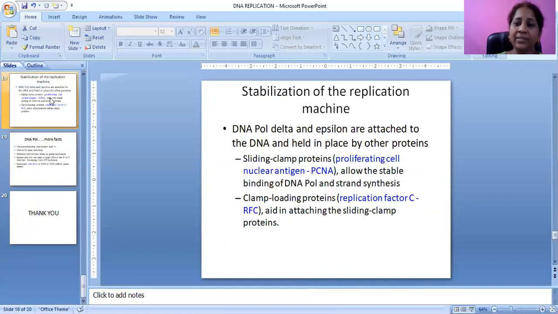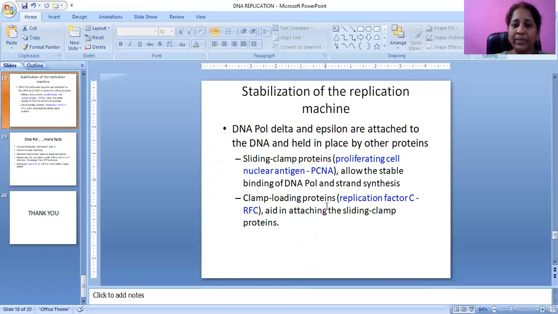After that, stabilization of the replication machine. DNA polymerase delta and epsilon are attached to the DNA and held in place by other proteins. Sliding clamp proteins, proliferating cell nuclear antigen, allow the stable binding of DNA polymerase and strand synthesis.